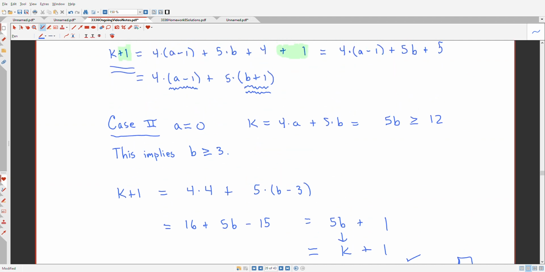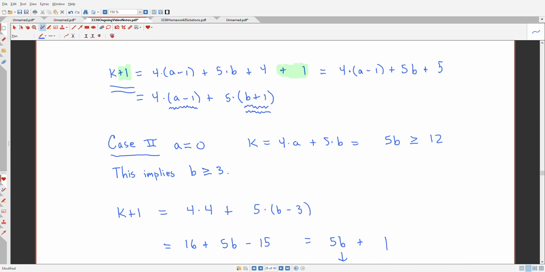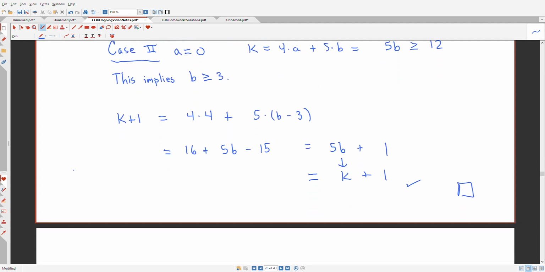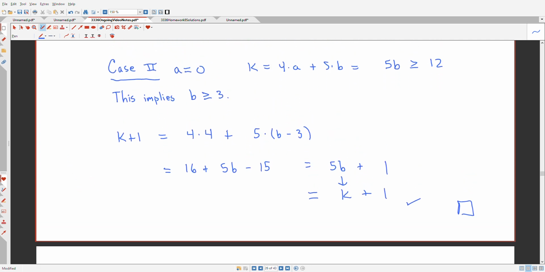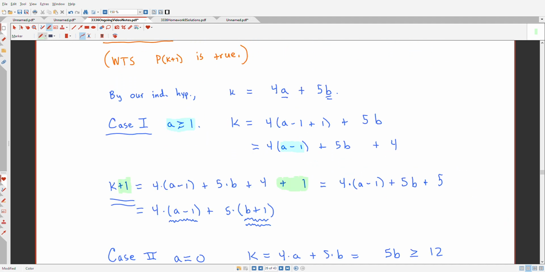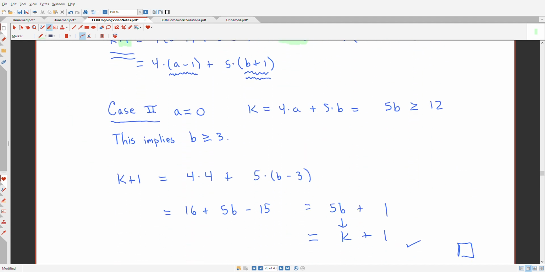Sorry, I was getting a little confused in how I wanted to say things. Where did this kind of use strong induction? It kind of used strong induction. I realize now that I kind of hid the way I presented it. The strong induction kind of got hidden, so I apologize.